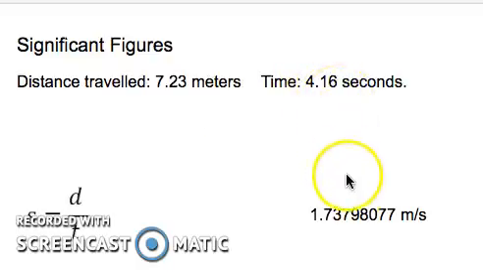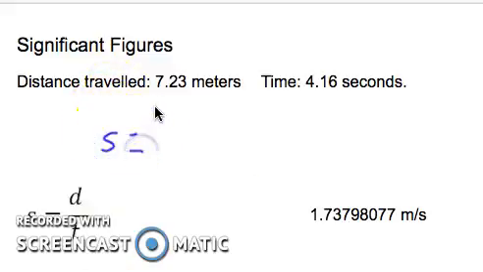If you look down here, I punched in 7.23 meters, which is the distance, divided by 4.16 seconds, which is the time. So why don't I put what I had here.